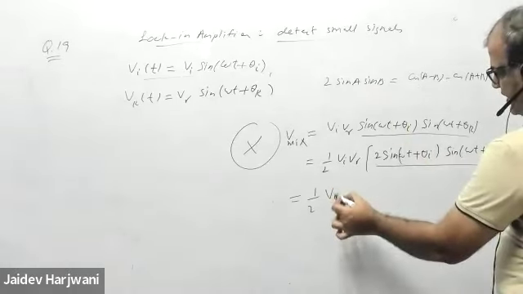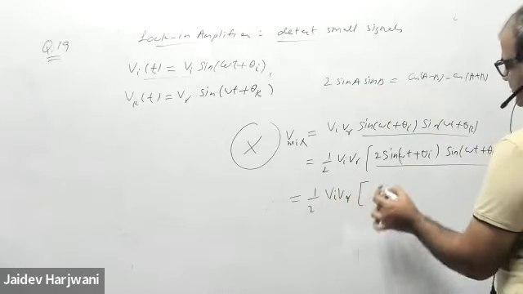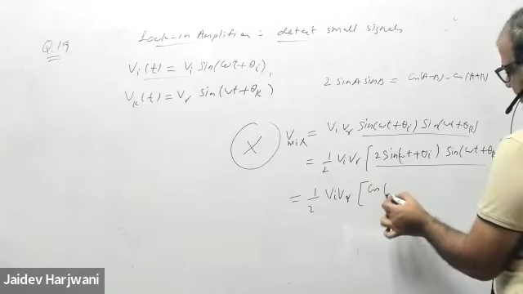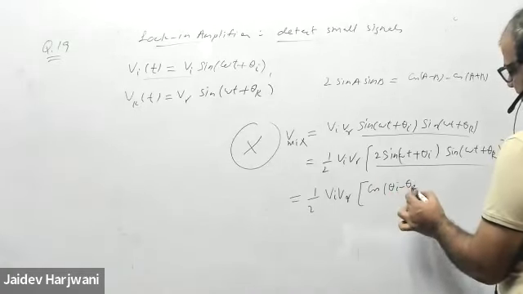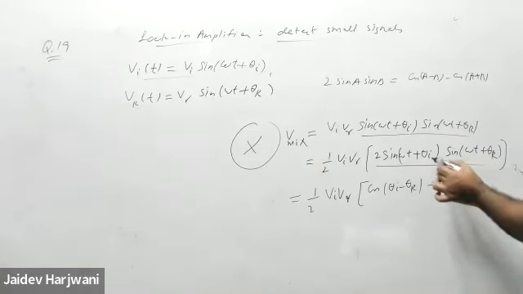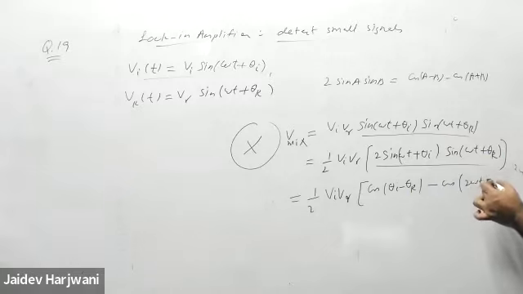So Vi, Vr, this formula will become cos of A minus B, so theta i minus theta r, and minus is there, and then this is cos of 2 omega t plus theta i plus theta r.